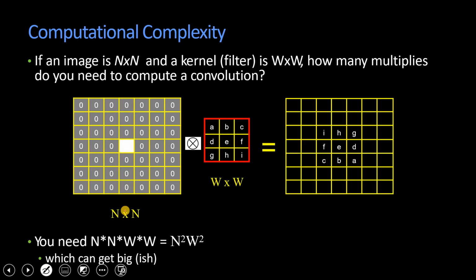Going next. So here it is, the computational complexity. We discussed it already. If you have an image which is n by n and the kernel is m by m or w by w, the number of multiplications that you will do will be n square w square. And here you see the operation.